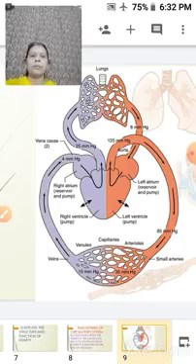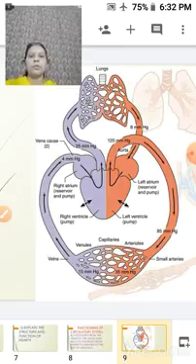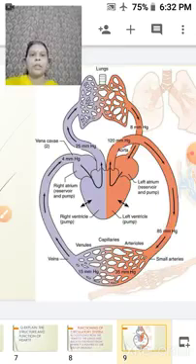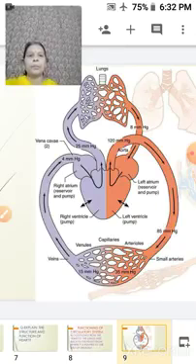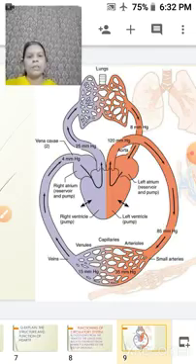When the heart contracts, the oxygenated blood passes from the left auricle to the left ventricle. This in turn pumps the blood to the body parts through the aorta, which is the biggest artery in our body, and this is divided into several branches that reach each and every part of our body and provide oxygen and release energy.